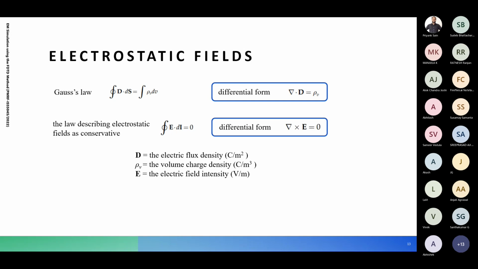The notation I'll be using is that characters in bold are vectors. D is the electric flux density, E is the electric field intensity, and they are related by the expression D equals epsilon times E, where epsilon is the dielectric permittivity of the medium.